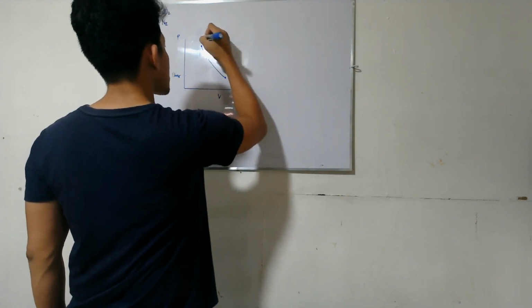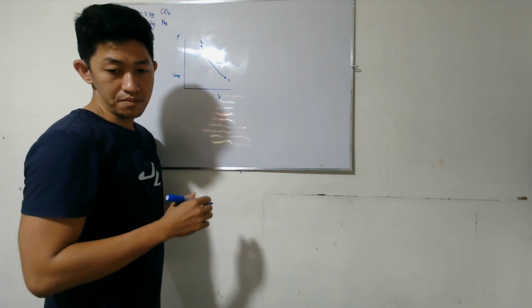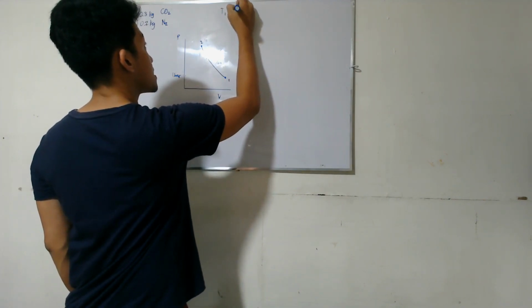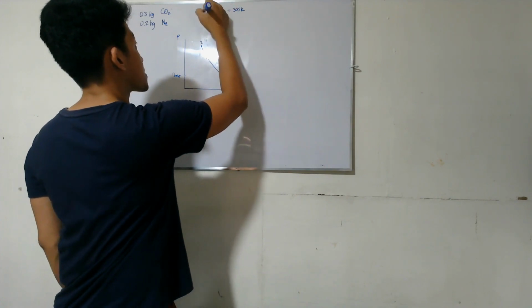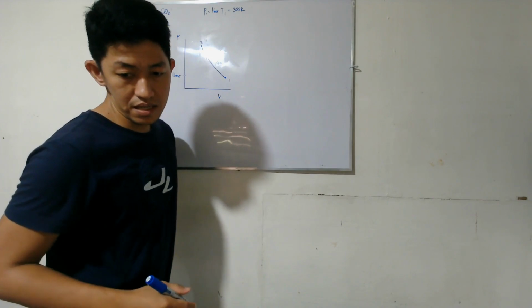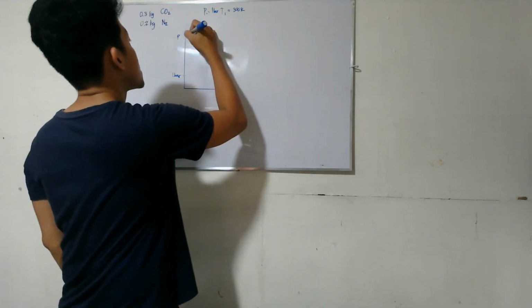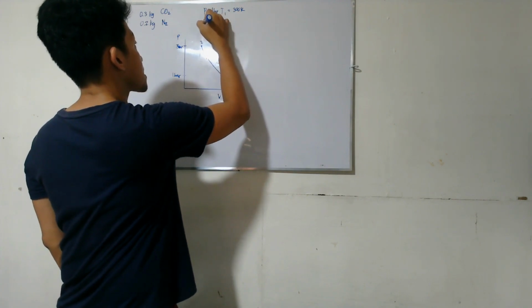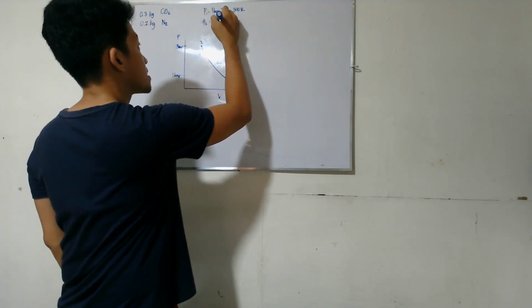Point 1, point 2. The temperature T1 is 300 Kelvin, P1 is 1 bar. And then state 2, this is 3 bars. P2 is 3 bar.